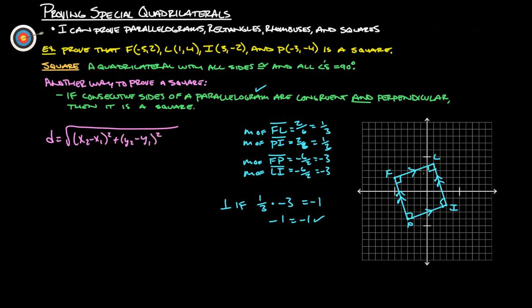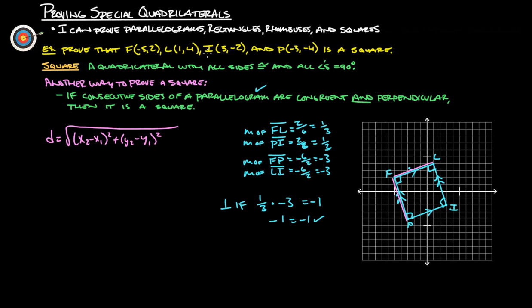We've got to find the distance of two different sides. It's nice that we have this drawn, because let's do, say, FL and FP. You can choose any two sides that you want; I'm just randomly choosing those two.